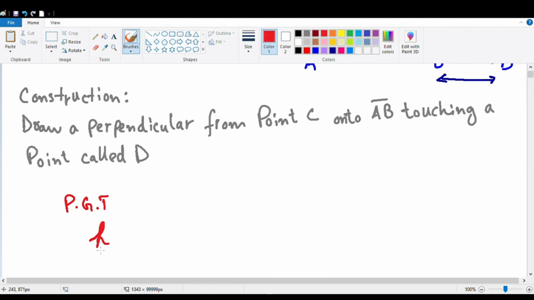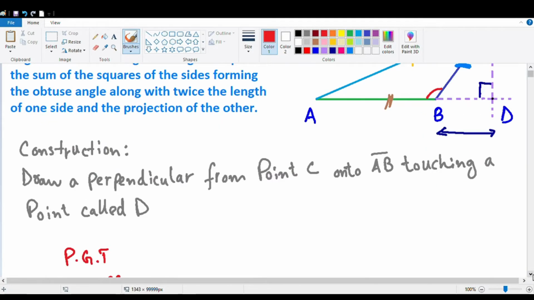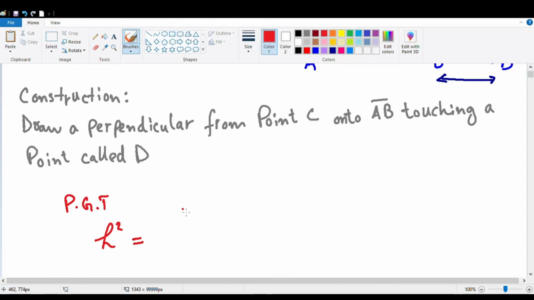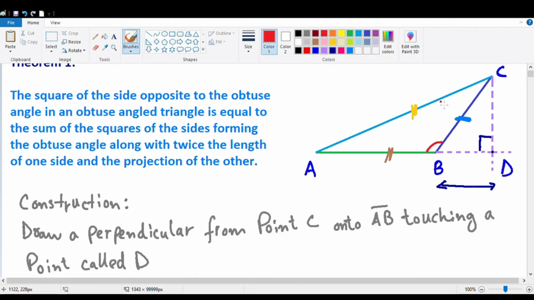hypotenuse, oh, maybe I should just draw this again. Right, like this. The square of the hypotenuse is equal to the square of the base, which in right triangle ADC is AD. So AD square, B square I'm going to say over here for now, plus the square of the perpendicular.